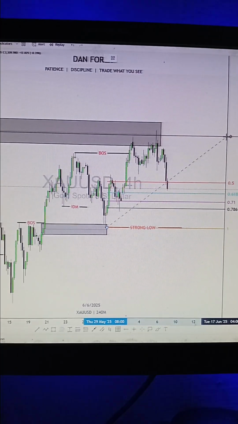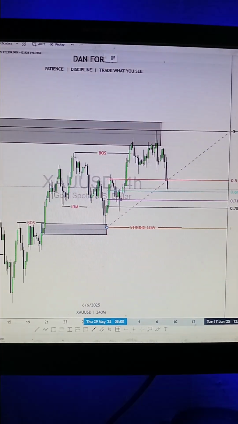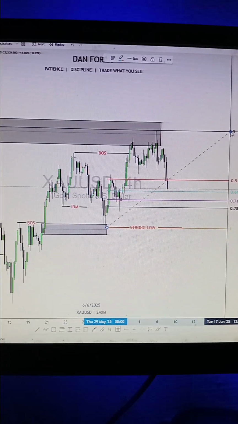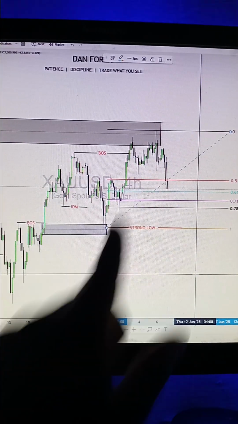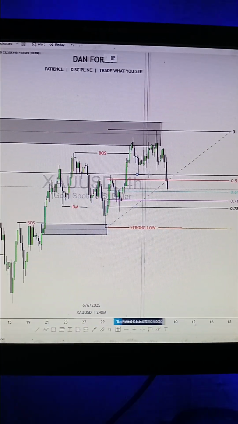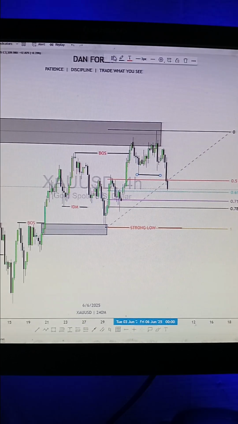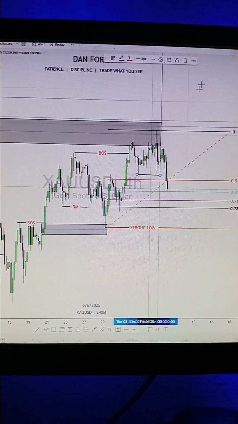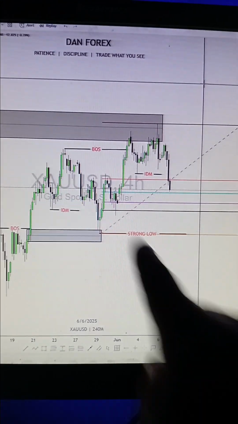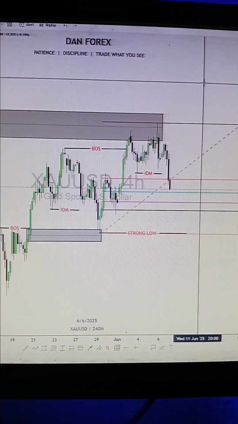So 50% of this range. The market is at the 50%. This pullback here was an inducement for this break of structure.